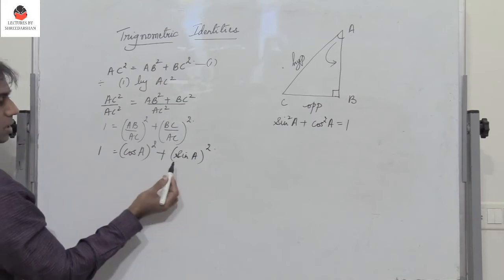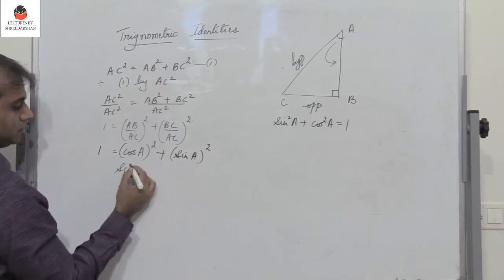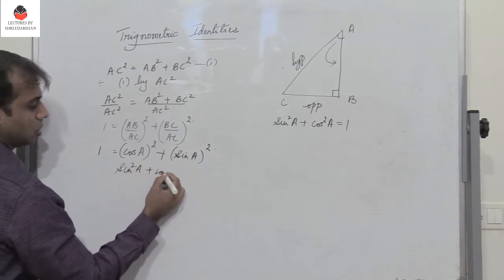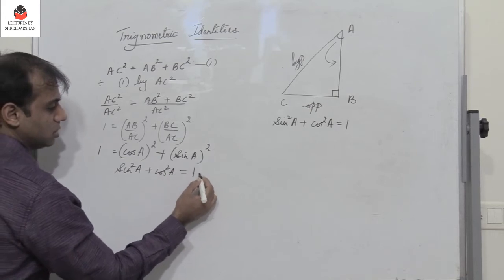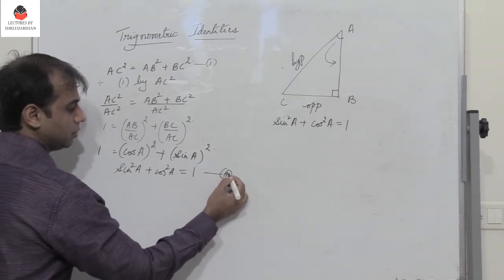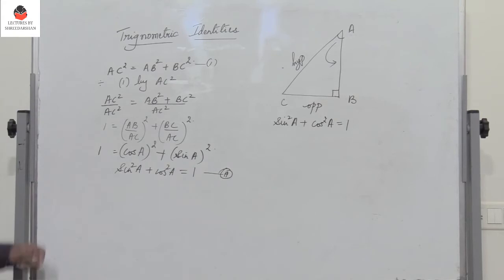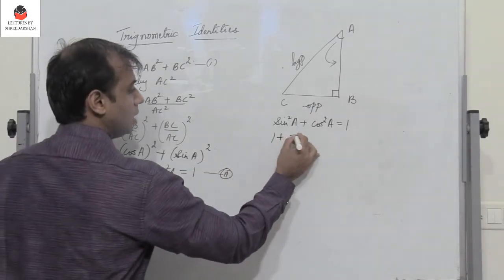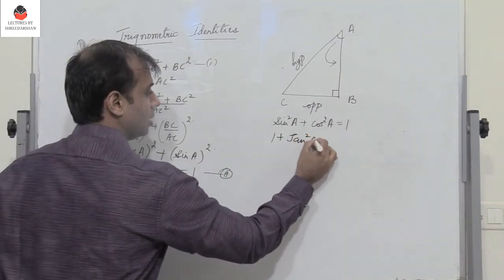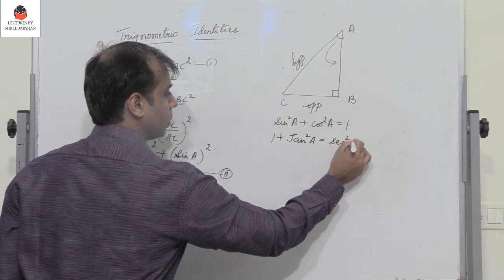So we have sine squared A plus cos squared A equals 1, which is the first important trigonometric identity, which I've already listed here. The next important trigonometric identity is 1 plus tan squared A equals secant squared A.